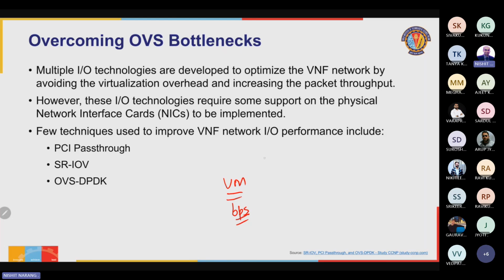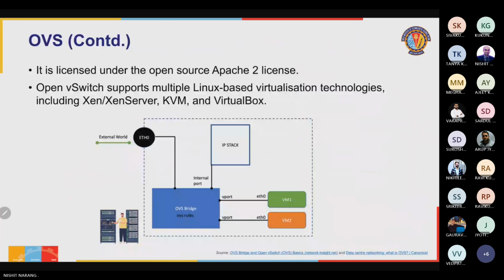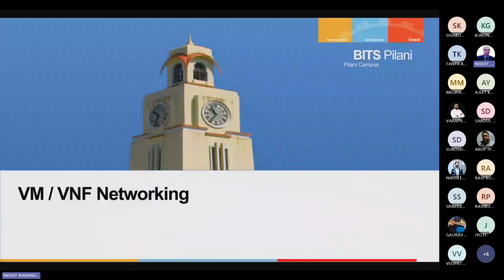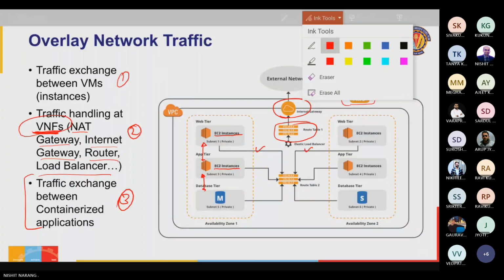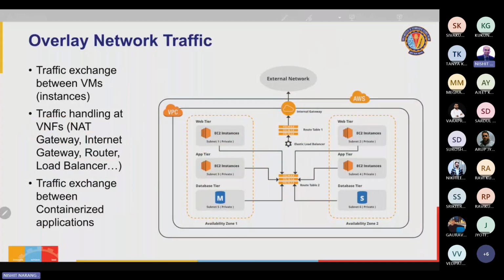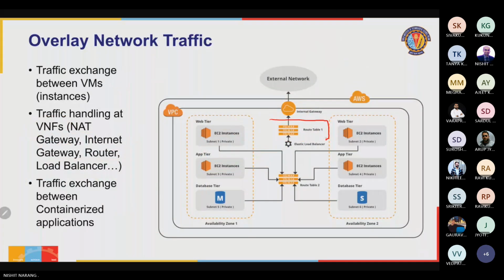But when I look at a VNF, like a vRouter, if I take you a few slides back, the AWS VPC, this diagram, this vRouter or this elastic load balancer, they are all virtualized network functions which are sitting on top of a hypervisor layer just like a VM does.